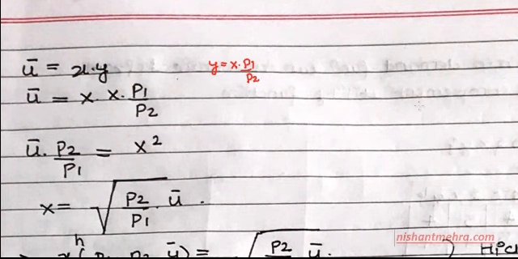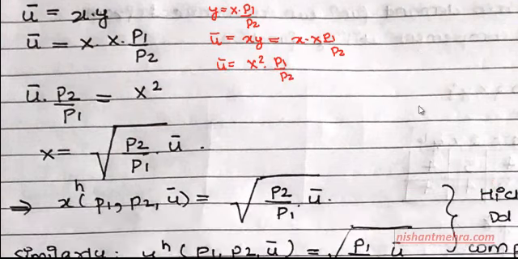My utility function is U equals x into y. So in place of y, I'll write x into p1 by p2. So U bar equals x squared p1 by p2. Clear? So I'll write everything in terms of x. So my x is now root of p2 by p1 U bar.